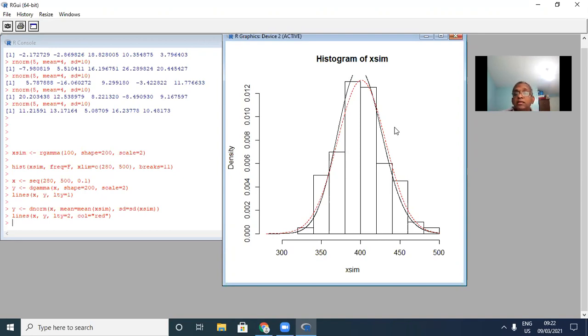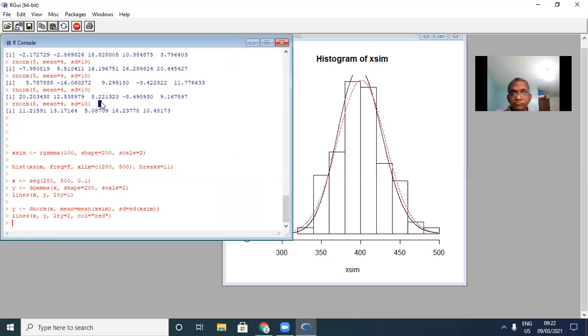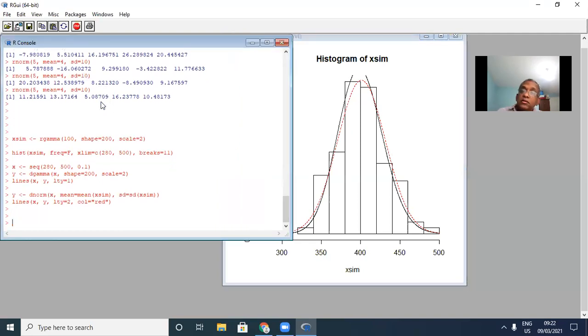For this particular data that we just simulated, the normal is a good approximation by looking at this picture here, but in general, it may not be the case. Now, to illustrate that point, let me show you.